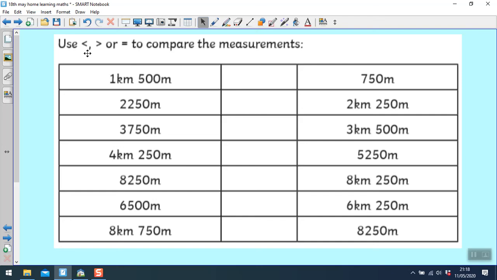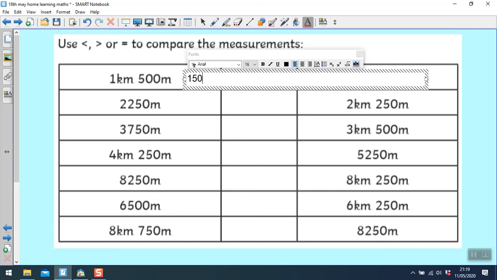Now use one of these symbols to compare the measurements. Write them down and don't forget to turn one of them into the same form. Pause the video while you complete these. So 1 kilometre represents 1,000 plus the 500 equals 1,500 metres.